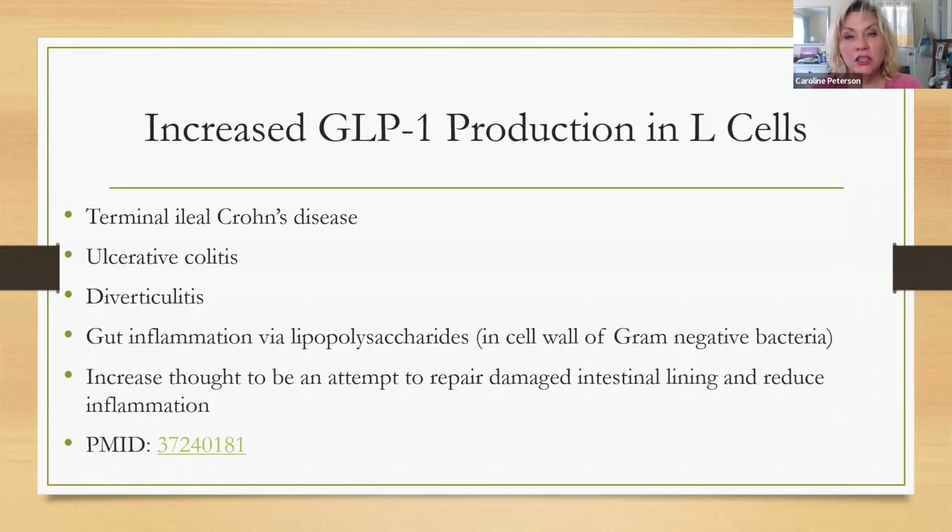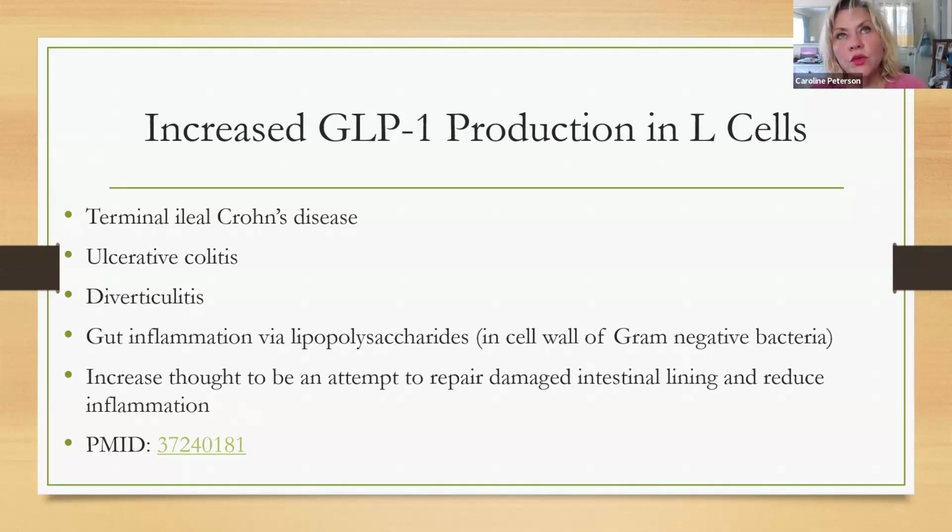If you have diverticulitis, that causes an increase in GLP-1 production. Gut inflammation will also cause an increase in the lipopolysaccharides, LPS, and that LPS or lipopolysaccharides cause inflammation, and that will cause an increase in GLP-1 production.